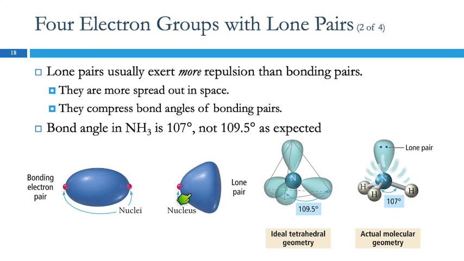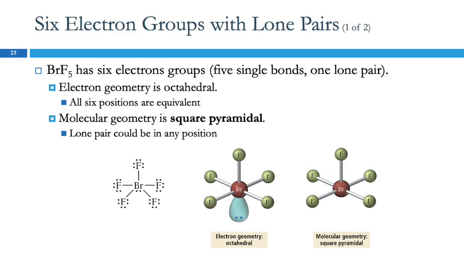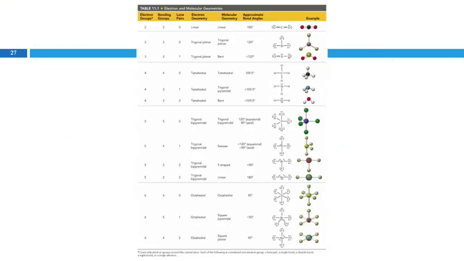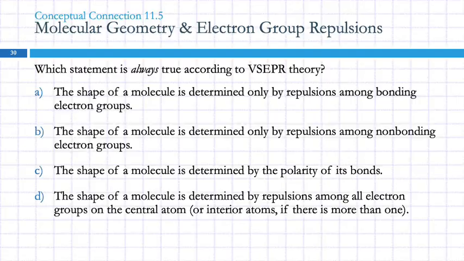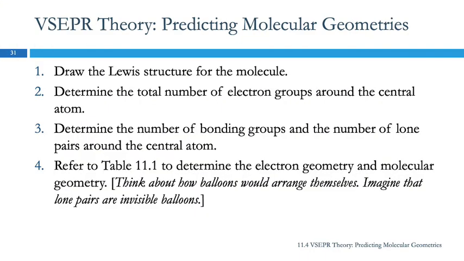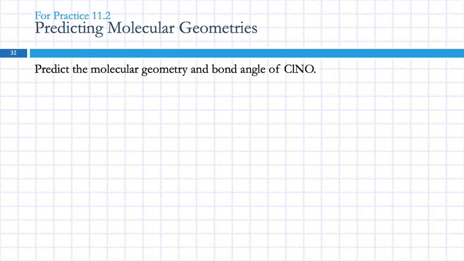So the lone pair is just going to take up a lot more space. And we really don't want to think too much about what shape those orbitals are, at least not yet. But the lone pair will be in an orbital on the atom. And when we get to valence bond theory, we'll talk about how that works.